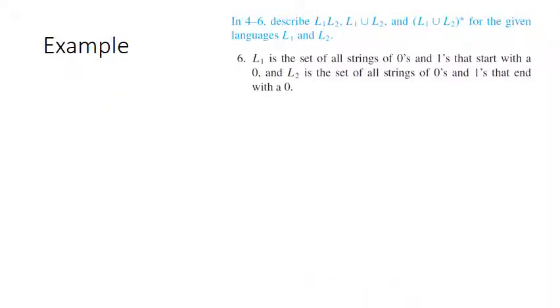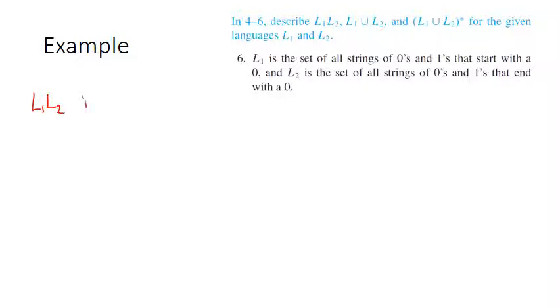All right, let's do another example. So L1 is the set of all strings of zeros and ones that start with a 0, and L2 is the set of all strings of zeros and ones that end with a 0. Okay, so then L1 L2, so we're putting things from L1 in the front and things from L2 in the back, and we can only do one thing from each set.